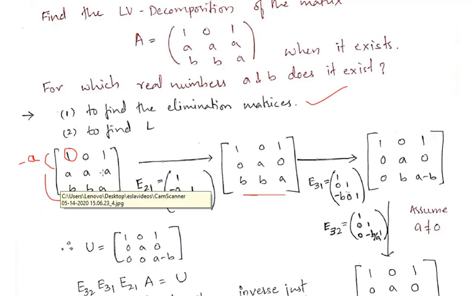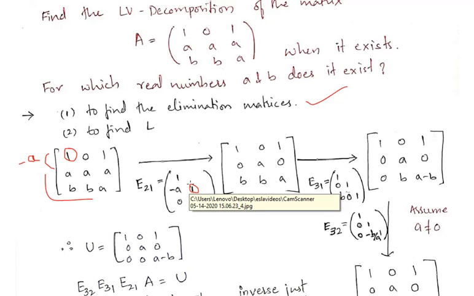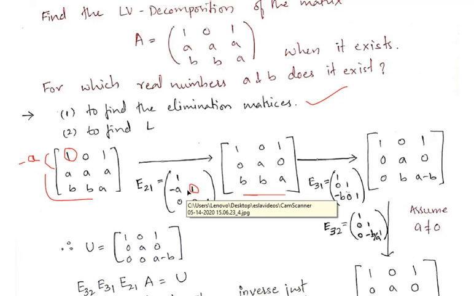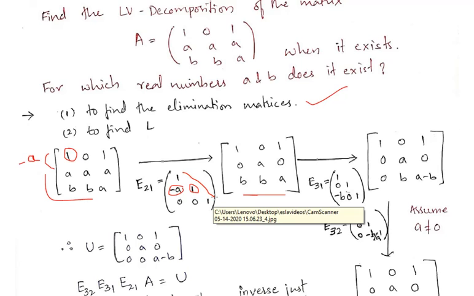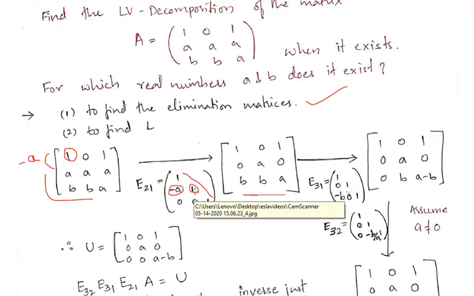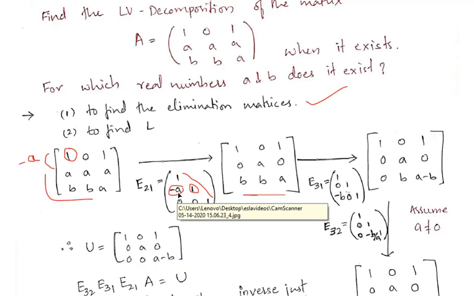I have done the operation on the second row: I multiplied the first row by minus a and added it to the second row. The ones written here correspond to the first, second and third rows. In the second row, I multiplied minus a with the first row.